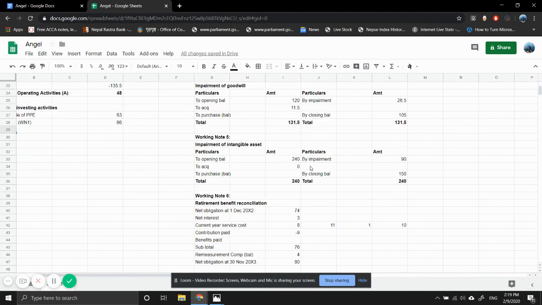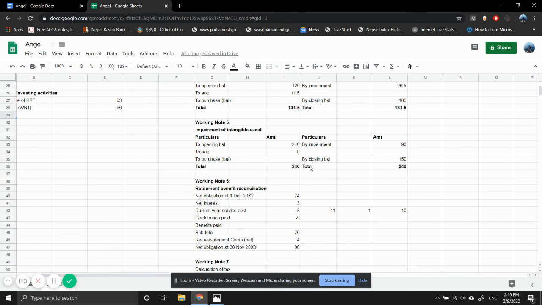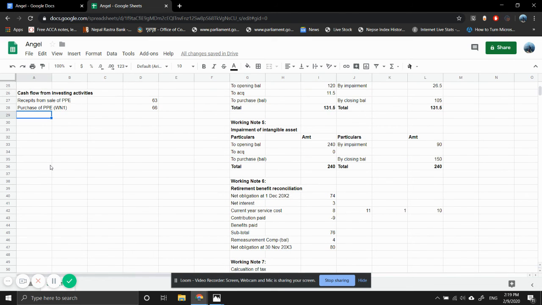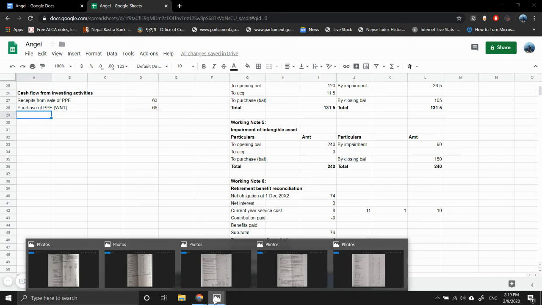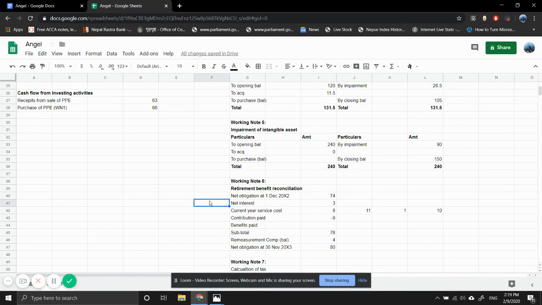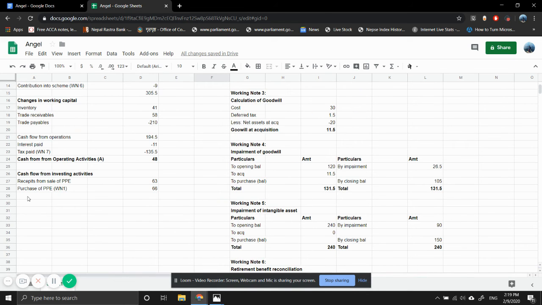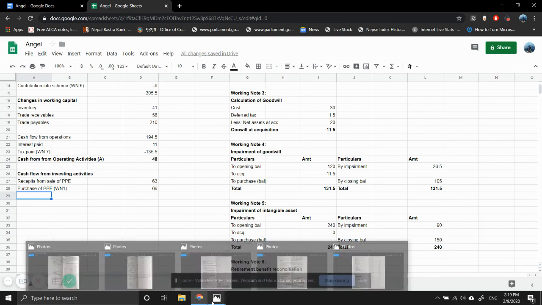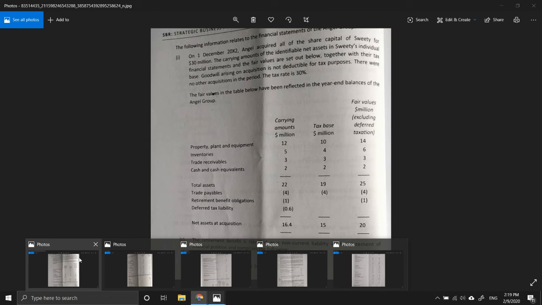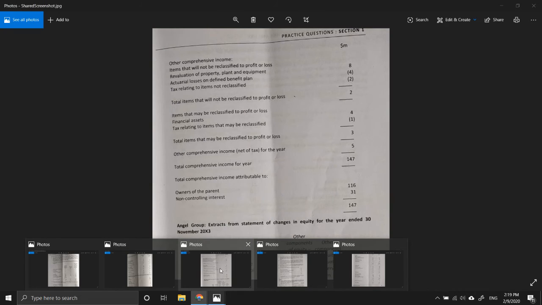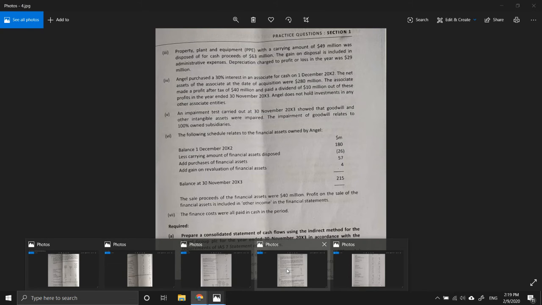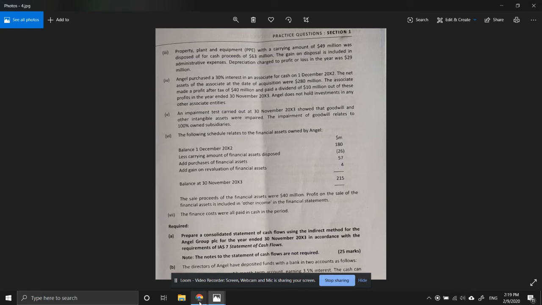So nothing else regarding that. Intangible asset is also not there. What about financial asset? Yes, there has been a few movement in that. So there has been a sale of financial asset. Yep, it's already over here.